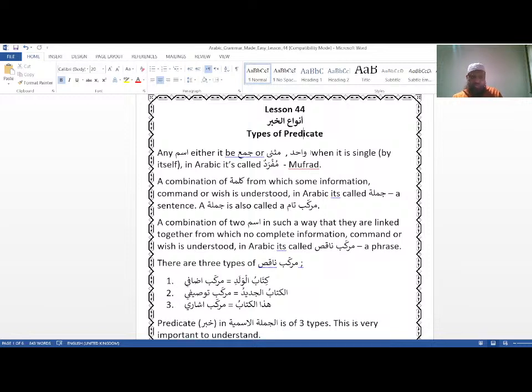Although it gives us the meaning of two, the word itself is a one word, mufrad. Awladun is a one word, although it gives the meaning of jama, but look at the word, it's a single word. It is called mufrad word.